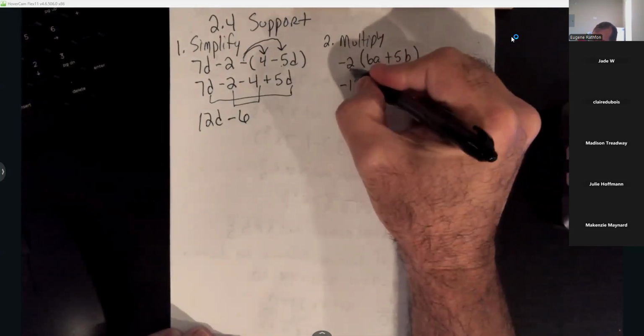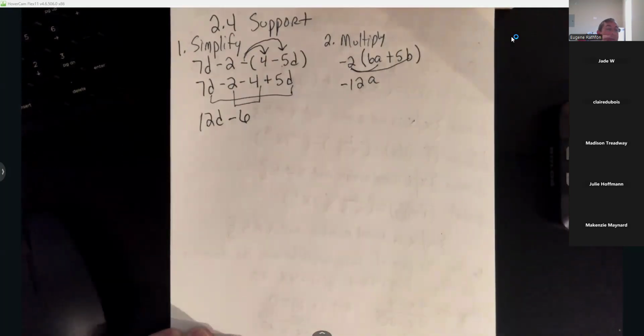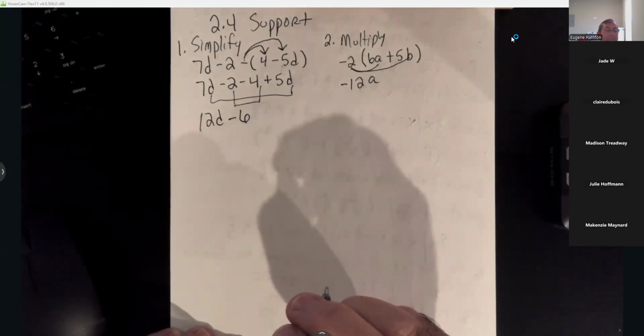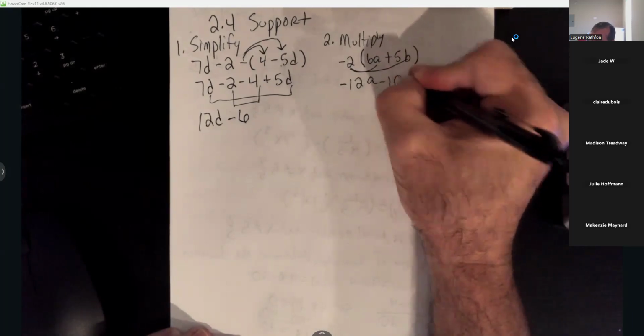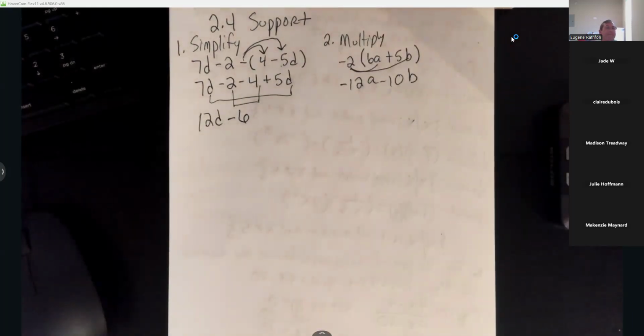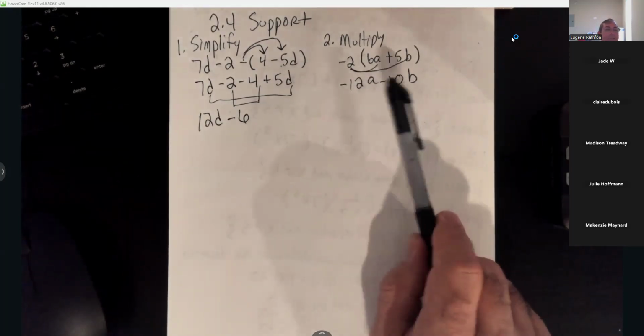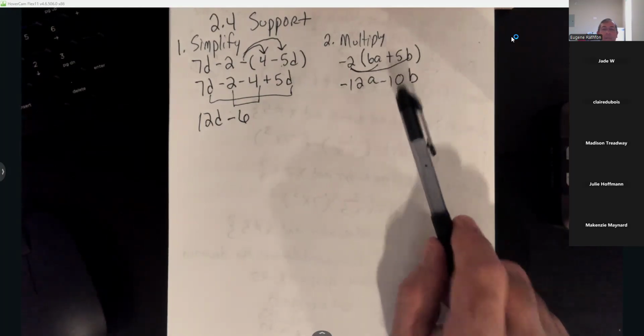All right, what's that negative 2 times 5b? That's what, a negative 10b. Now, these are not like terms, so we cannot go any further.